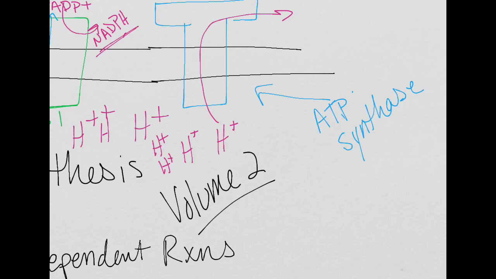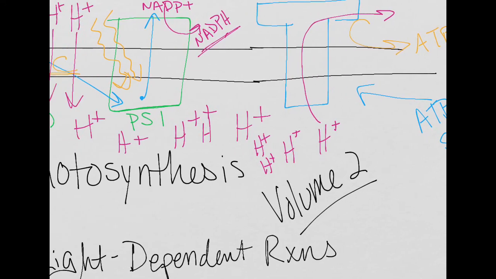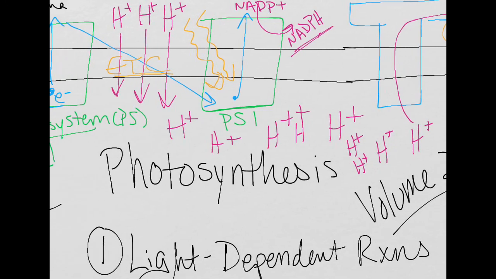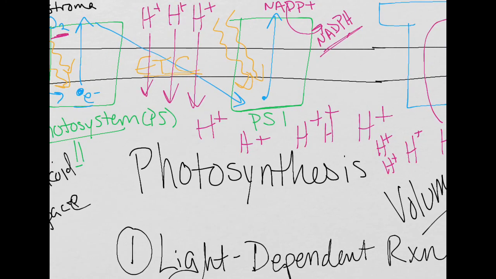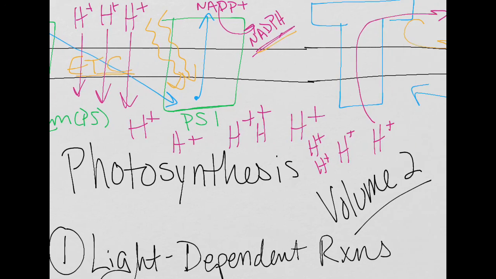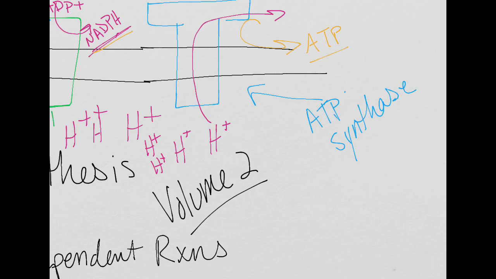And in the process, ATP synthase turns and ends up creating ATP. And so the overall point of the light reactions is to take light energy and turn it into chemical energy. Well, we've done that. We've excited electrons and ultimately created high energy electron carriers as well as, literally, chemical energy.